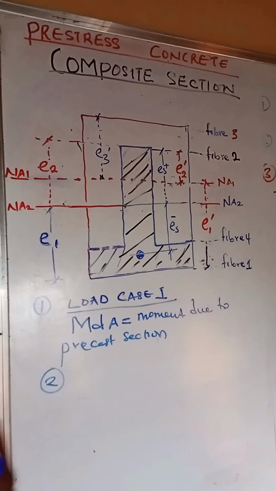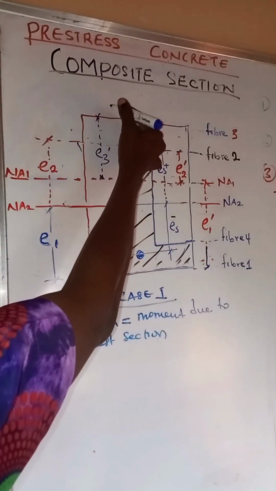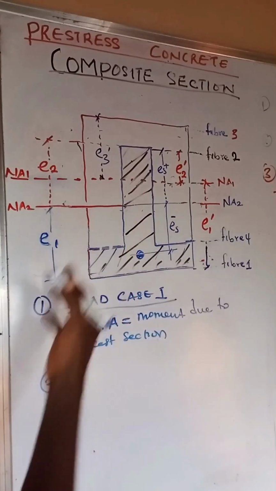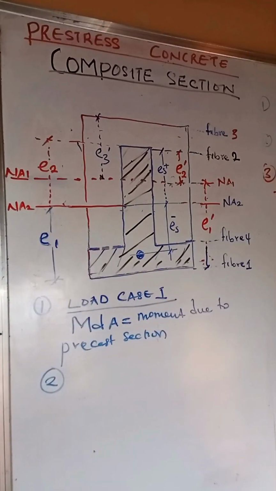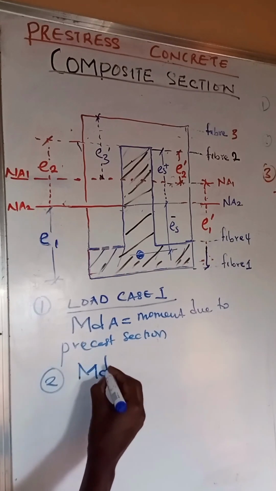We are going to have load case two, which is going to be a combination of moment due to in situ slab plus moment due to precast section. So we can have that moment due to in situ slab as our MDB.